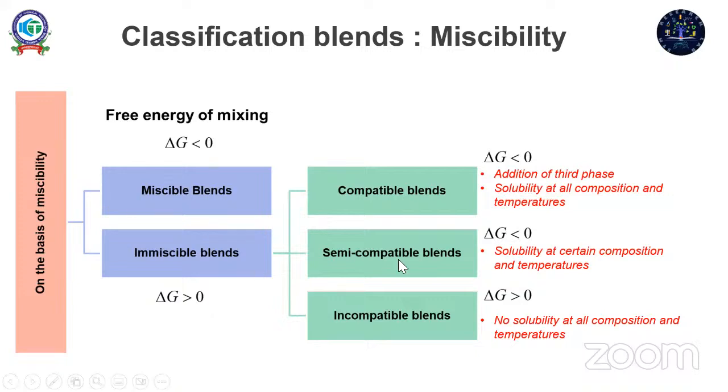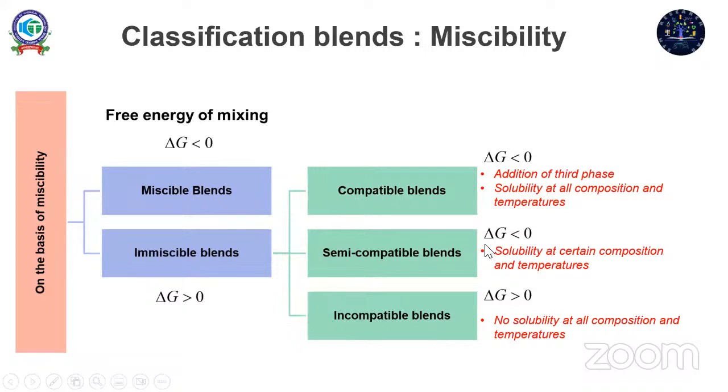For immiscible blends, you have three different categories: compatible blend, semi-compatible blends, and incompatible blend. For a compatible blend, delta G is again less than 0. In this case, we generally add a third phase and solubility is achieved at all compositions and at all temperatures.